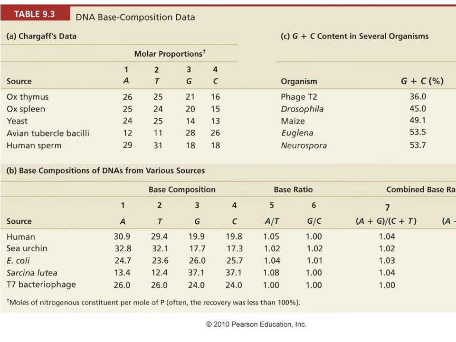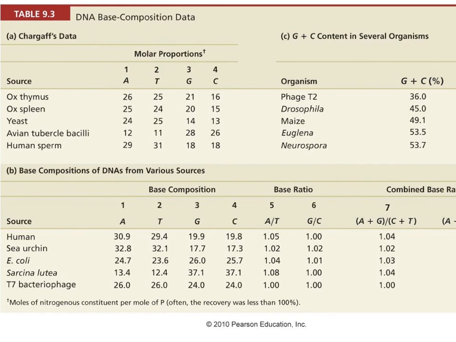Now, if you look down at the base composition from various sources, in the second half of this table, there's something really important I want you to recognize, okay? And it is the ratio of A to T, so in column 5 there, it's always right about 1. Ratio of G to C, always about 1, okay?